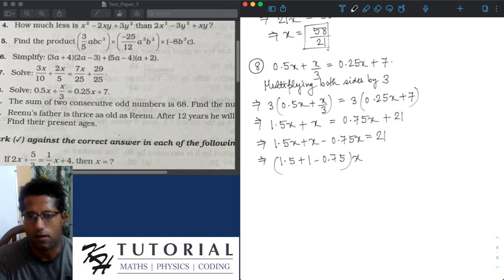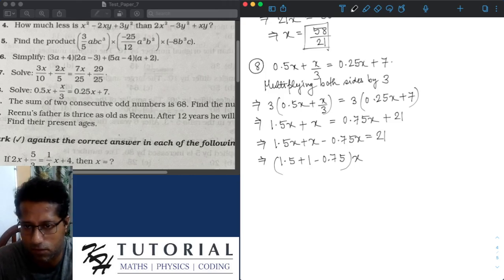So on the left hand side we have all like terms where the literal coefficient is x. And how do you add like terms? We just add up the coefficients of the like terms, and the result will be the product of that coefficient and the literal coefficient of the like terms.